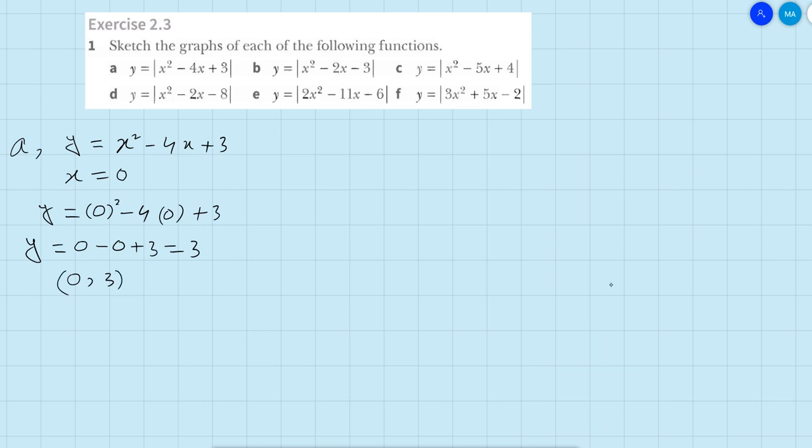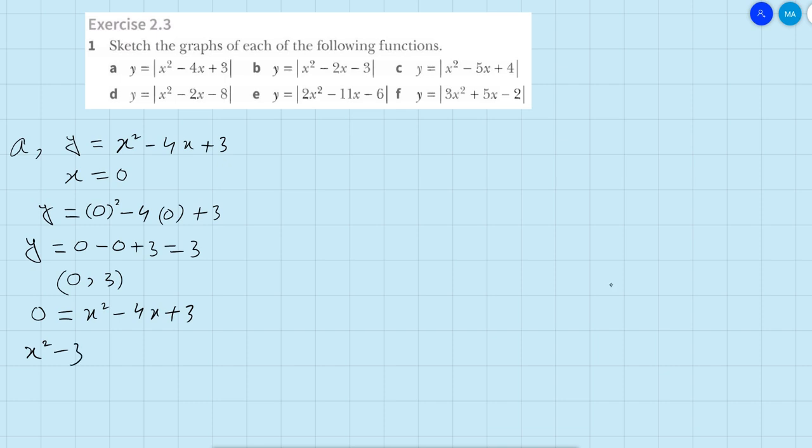Now find the x-intercept. How to find the x-intercept? Just put y is 0, equals x square minus 4x plus 3. Now solve this quadratic equation with the help of any method. You can apply the middle term break method, completing square method, or quadratic formula. 3 ones are 3. I am applying the middle term break method.